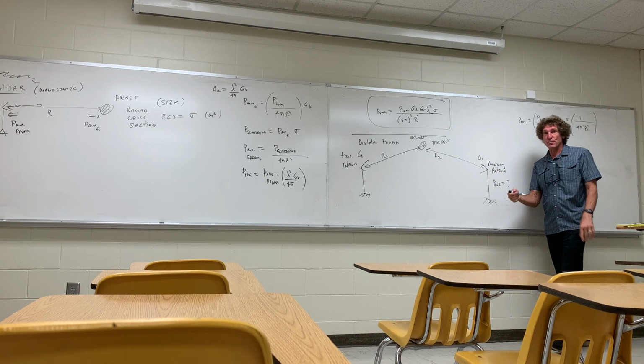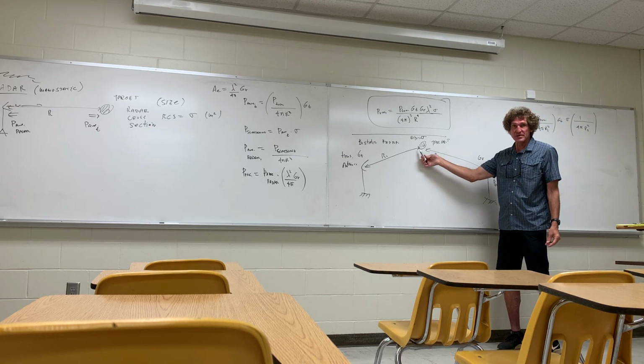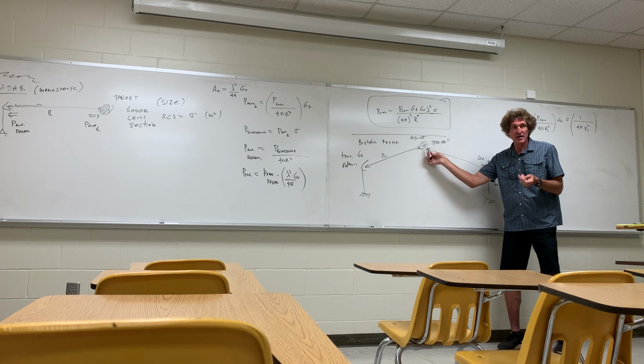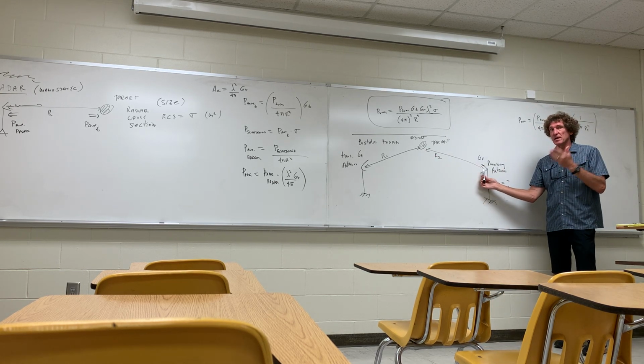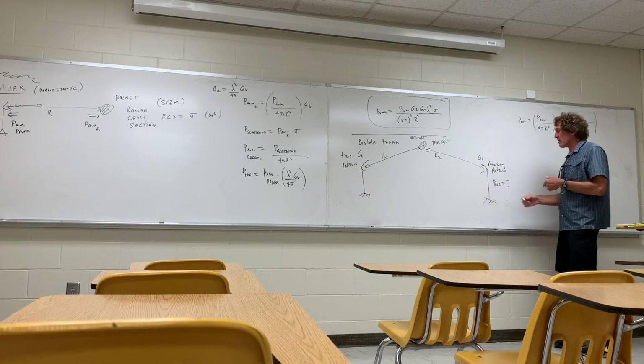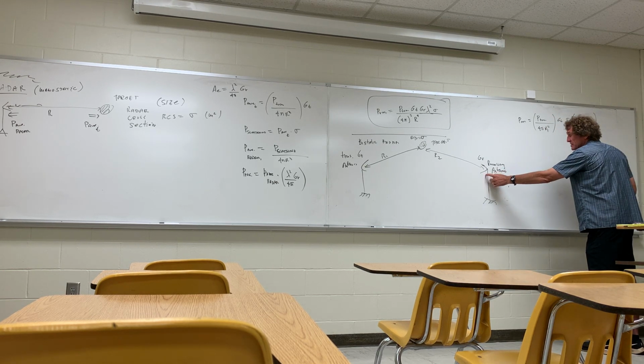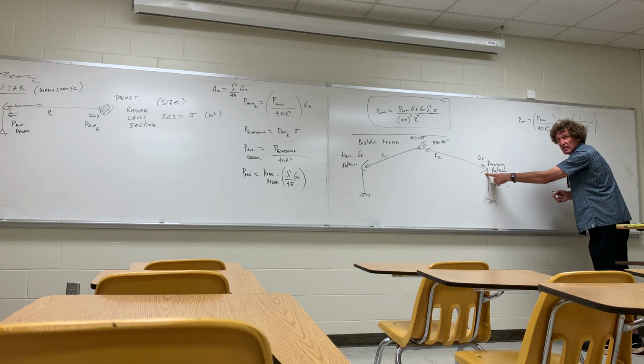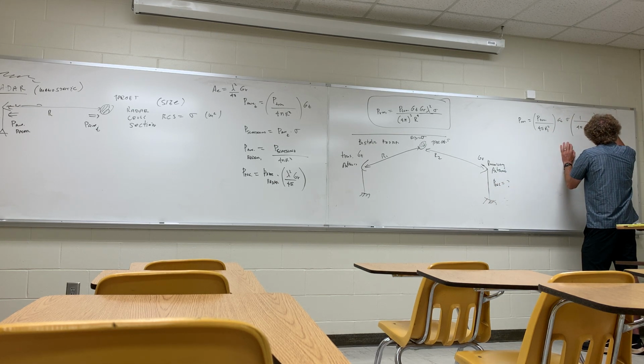So if I gave you a problem, I could ask you for the power density here, the amount of power scattered, and the power density here, and you should be able to get all these things logically, the way I'm showing. Now the amount of power received is going to be that times the actual area of that receiving antenna. So it's going to be lambda squared over 4 pi again, and then it's times gain of the receiver.